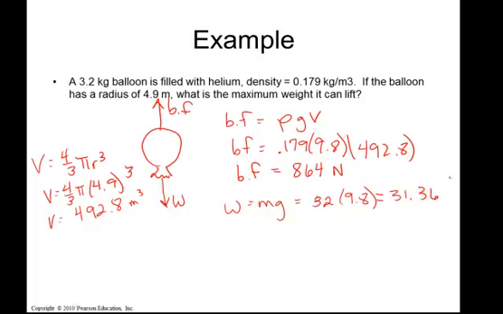Okay, so the maximum weight that this can lift is this whole amount, but this weight is going to be subtracted from that because I already have a weight down. So if I take 864 minus my 31.36, that's going to tell me the maximum amount of weight that it can lift, because part of this weight is being taken up by the balloon. So if I subtract those, I'm going to get 830 newtons.